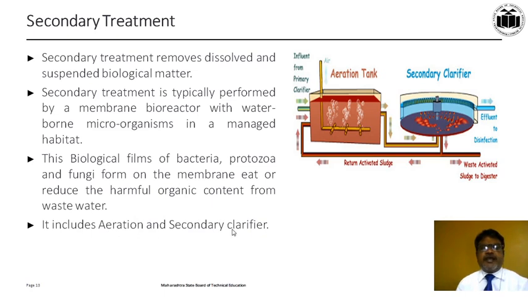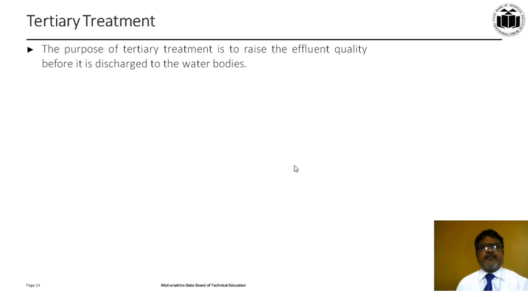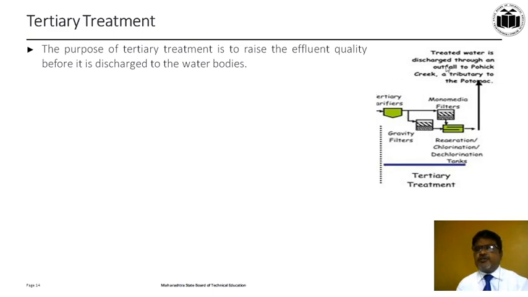It includes aeration and secondary clarifier. Then the third type of treatment is tertiary treatment. The purpose of tertiary treatment is to raise the effluent quality before it is discharged into the water bodies. So this is the flow chart of the tertiary treatment.